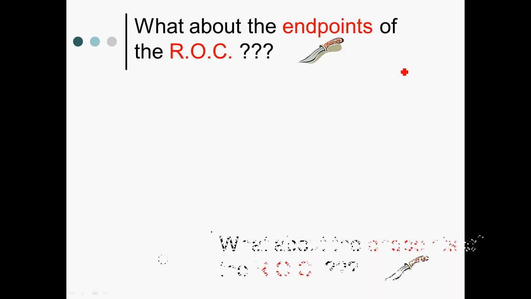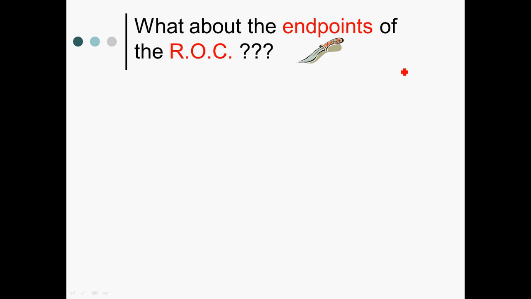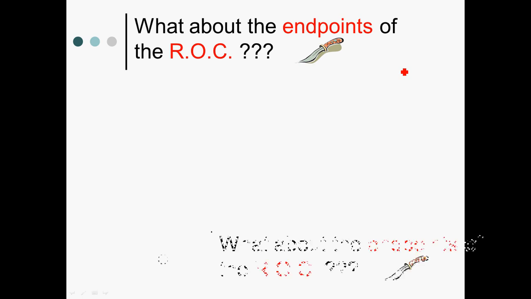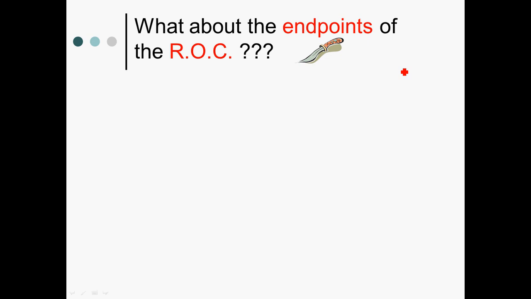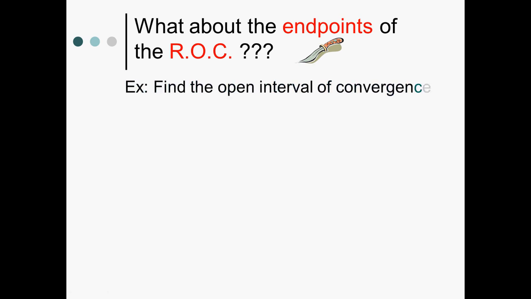But now we need to talk about the endpoints. That's why you have to be very careful about the question. If the question asks you for the radius of convergence, you do not have to test for endpoints, but if they ask you for the interval, you must. Another way I've seen AP ask this is they say find the open interval.